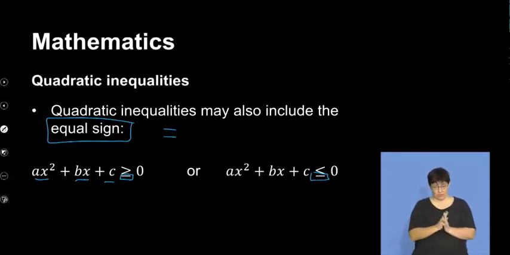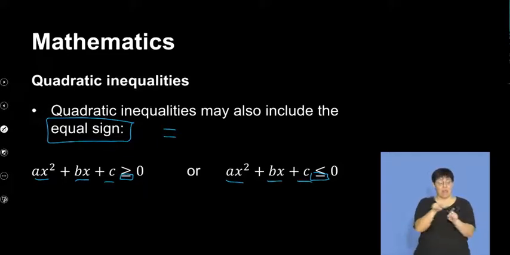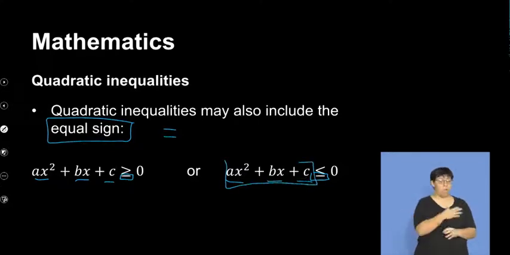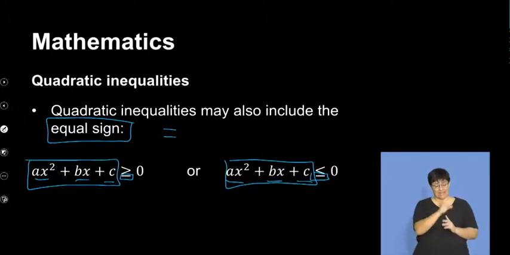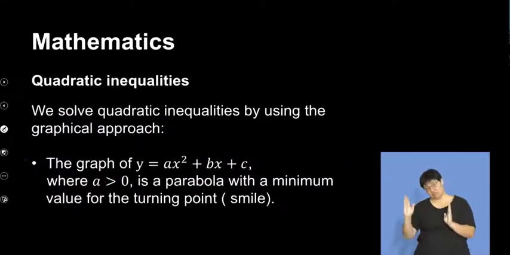You start with the greater than because that's the main inequality that we have there. The second one reads as ax squared plus bx plus c is less than or equal to 0. So it means this whole expression can either be 0 or less than 0, or this whole expression can be 0 or greater than 0.